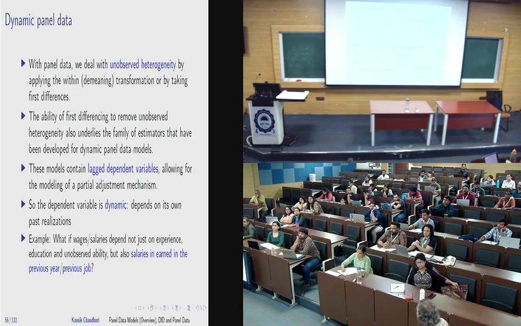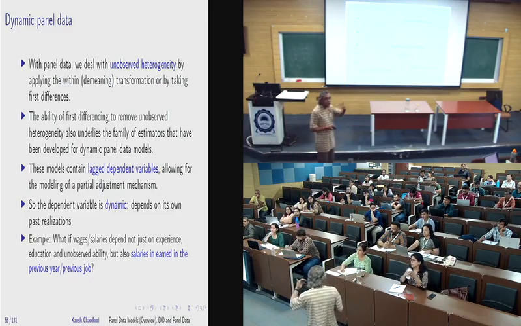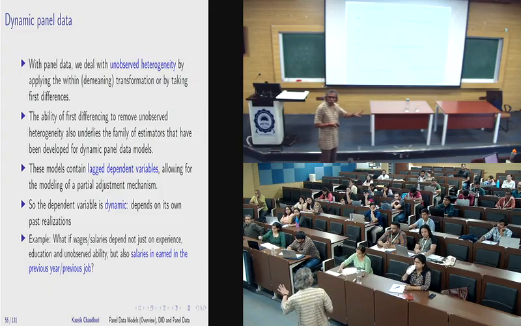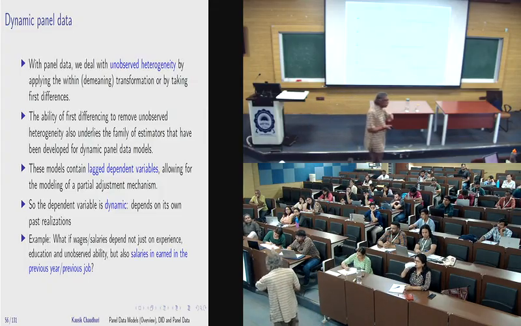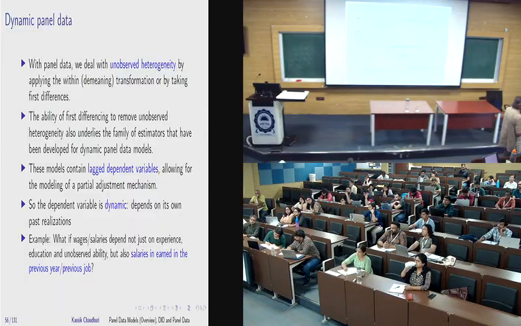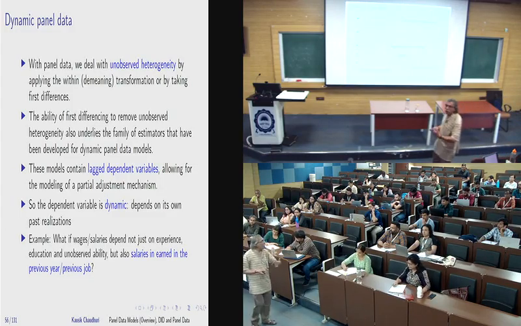So note what a dynamic panel is, where I am going to think of Y_it depends on Y_it-1. Clear? So that's the simple dynamic panel structure without inclusion of X_it. So let's think of a model: Y_it is equal to alpha_i plus rho Y_it-1 plus U_it.